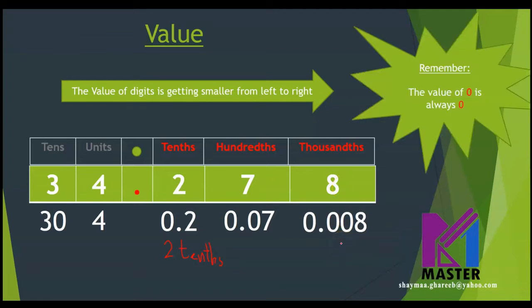Now let's go to the next. Remember that the value of 0 is always 0. If I have a 0 in any place, the value of it will always be 0, whether it's in the tenths, the millions, or the thousands. So the value of 0 will always be 0.